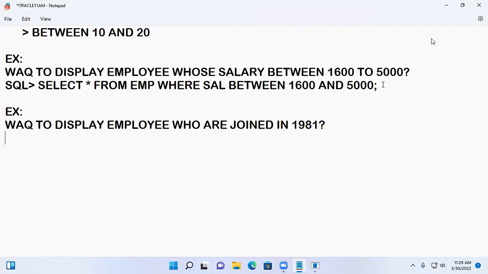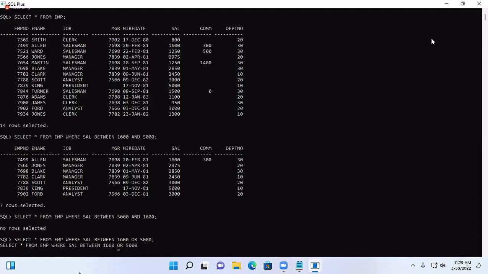So the same example, previously by using AND operator along with some relational operators, we found that. But instead of using relational operators, we can use between operator also to find out this particular range to range value. So here I want 1981, I said. So 1981 means what is the starting value? 1st January, ending value 31st December. So now we can write like this.